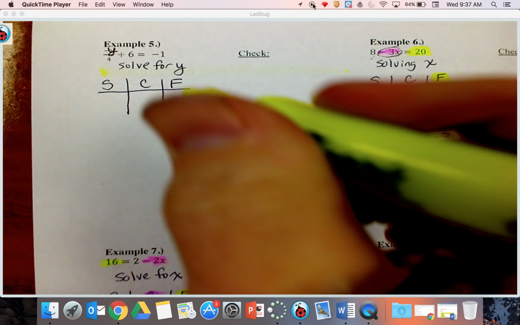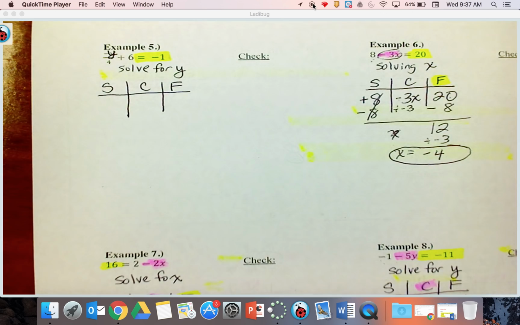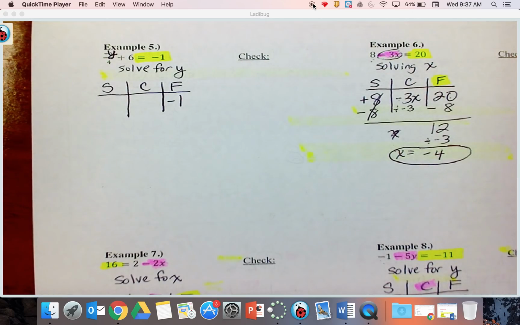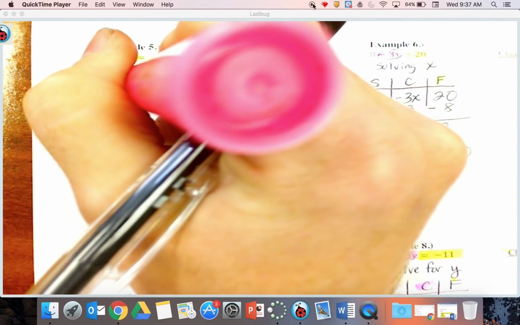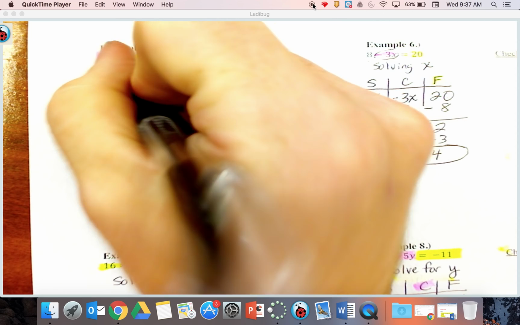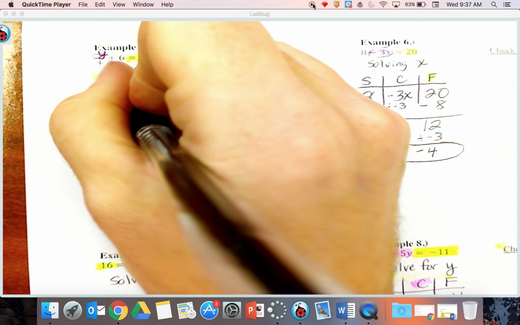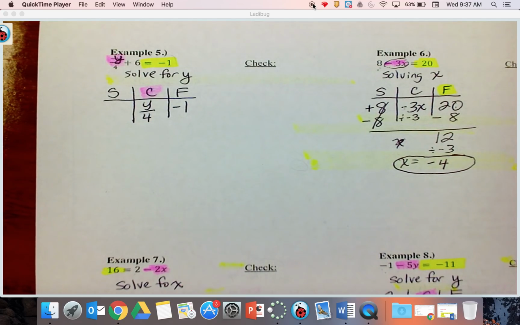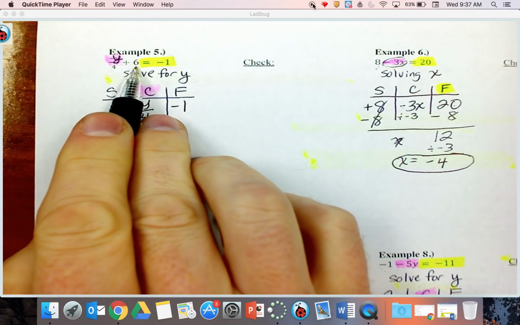My finish here is a negative 1. My change goes with everything with the y. So it's y divided by 4. So remember, this is division. Y divided by 4. And then my start value is just the number 6.